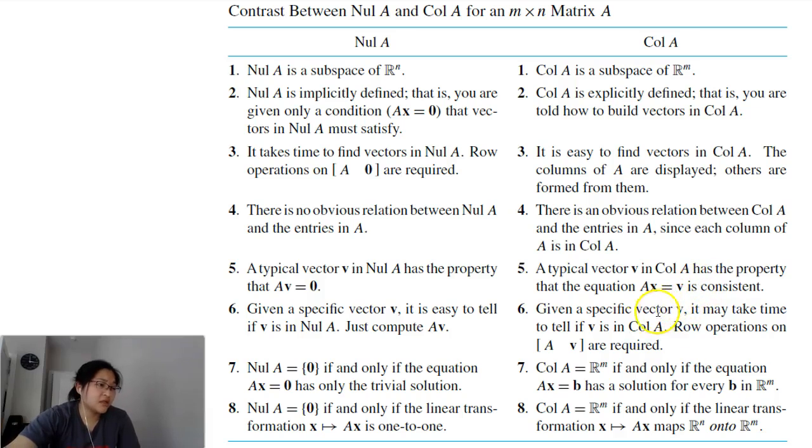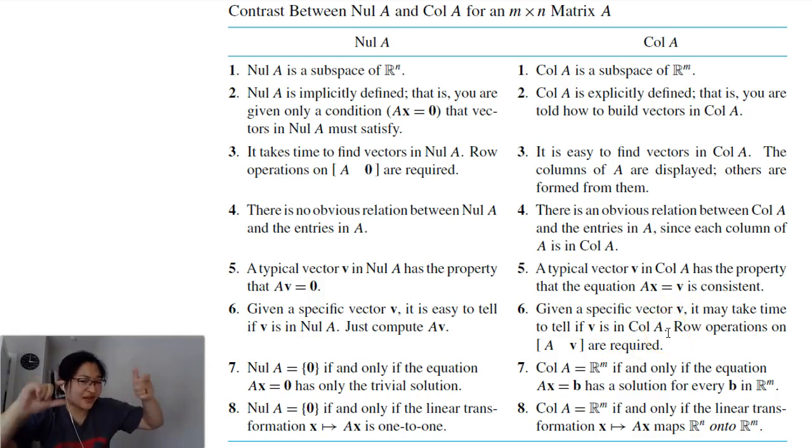But the v is not being multiplied by A. For figuring out if a vector is in the null space, just like our first example, you just multiply, and it's great. If you're looking at a specific vector and asking whether it's in the column space, you need to do your row operations.